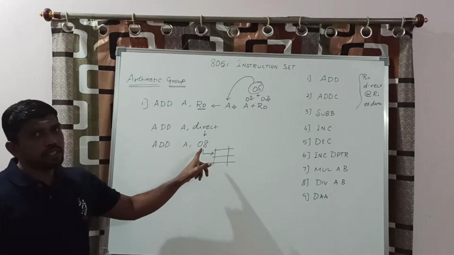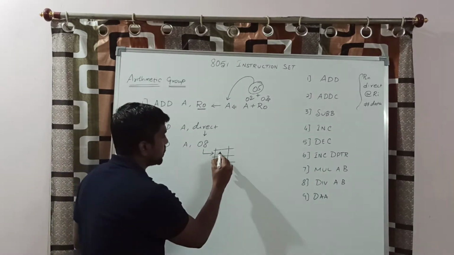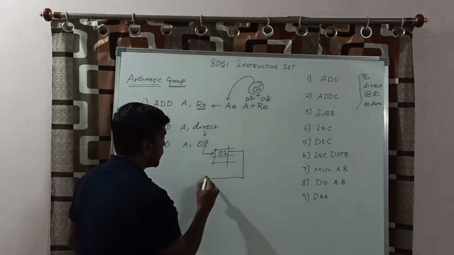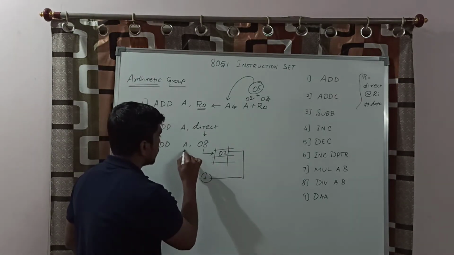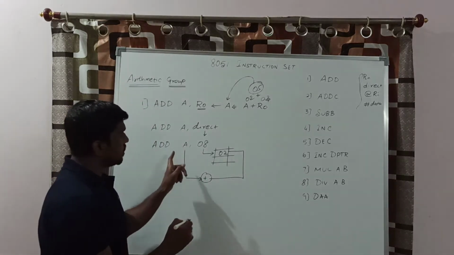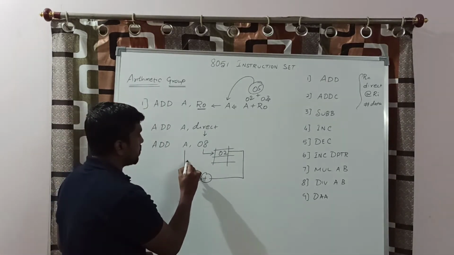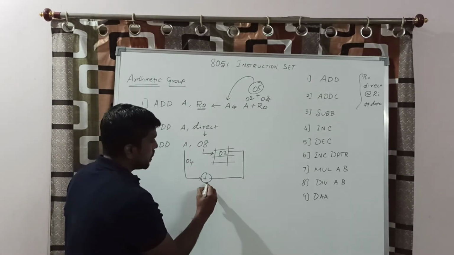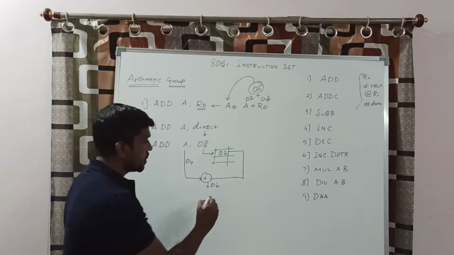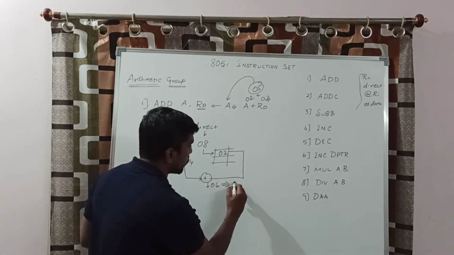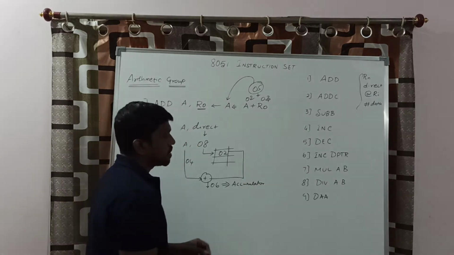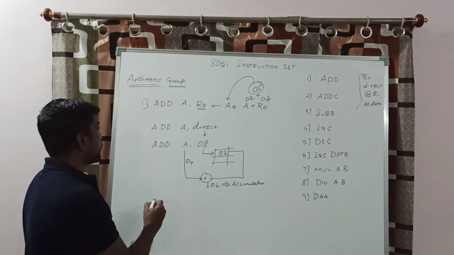This memory location holds one 8-bit value, 02. This content is summed with whatever value is present in the accumulator. For example, if the accumulator value is 04, adding the two contents gives the result 06. This result is stored in the accumulator. That is the second type of instruction.